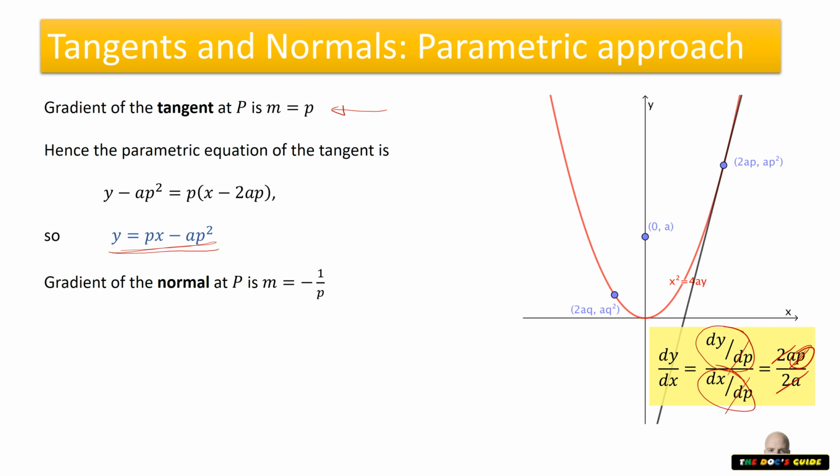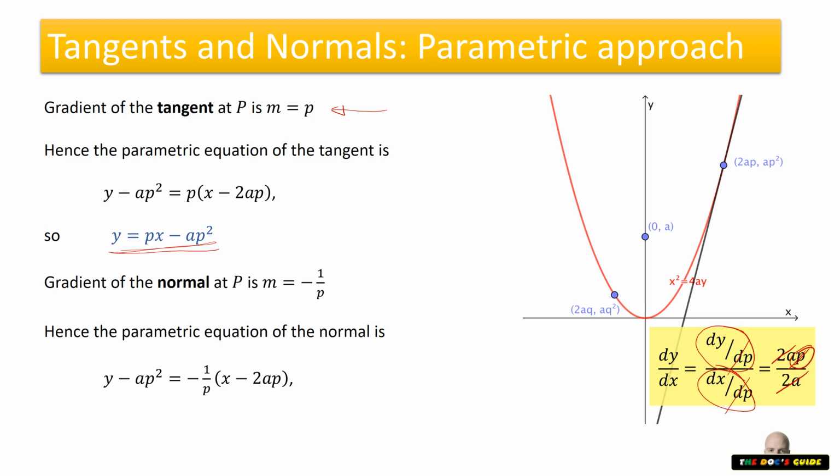Now the gradient of the normal, following on again with skills that we already have. If the gradient of the tangent is p, then the gradient of the normal is minus the reciprocal of that, so minus 1 over p. Hence the parametric equation of the normal is y minus y1 equals m outside of x minus x1.